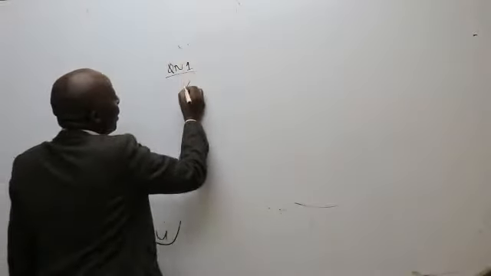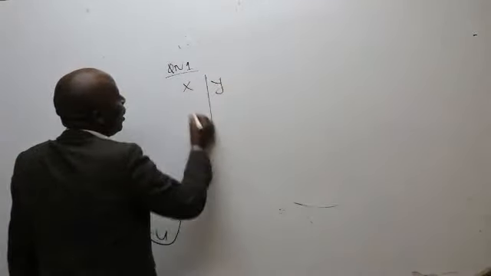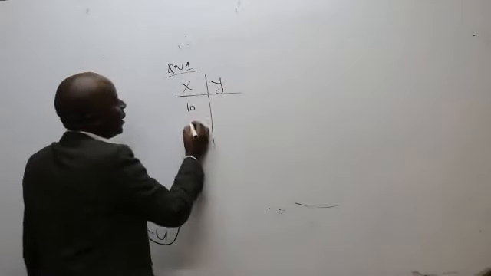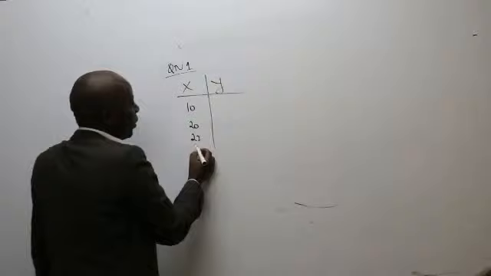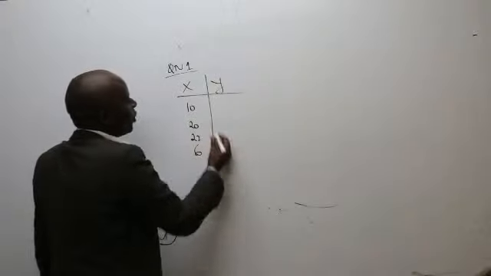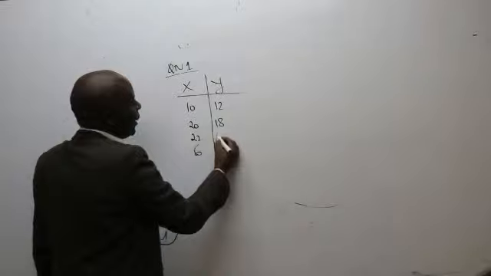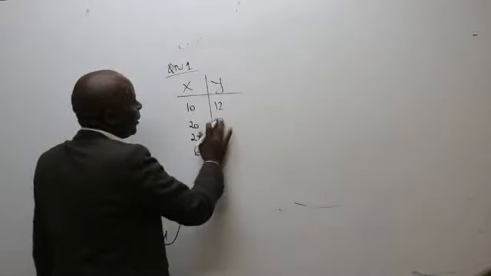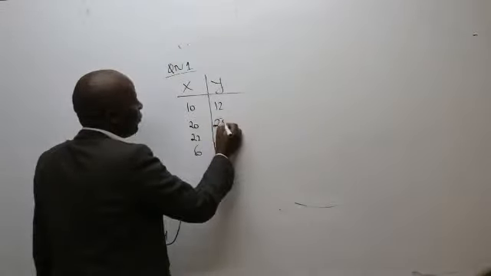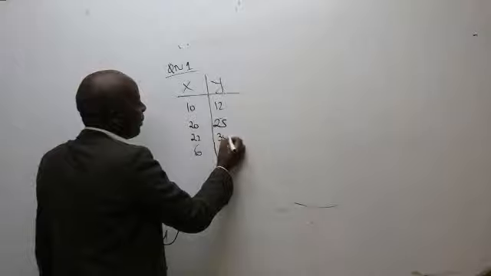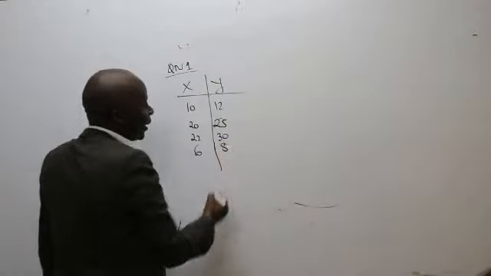Question number 1, they have given us here X, Y. So we have here, for instance, 10, 20, 22. We have here, for example, 6. So we have, for example, 12, and maybe 25. We have here, for example, 30. And this is 8 like that.